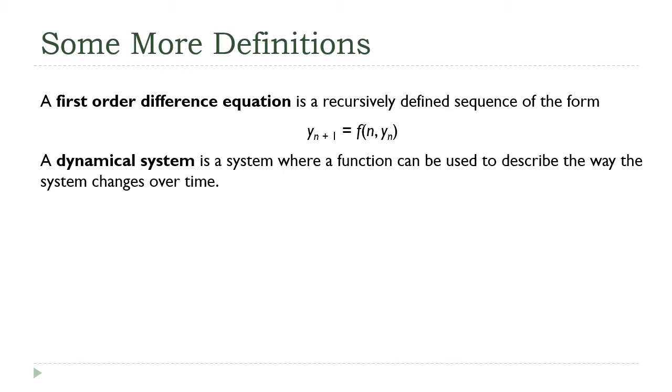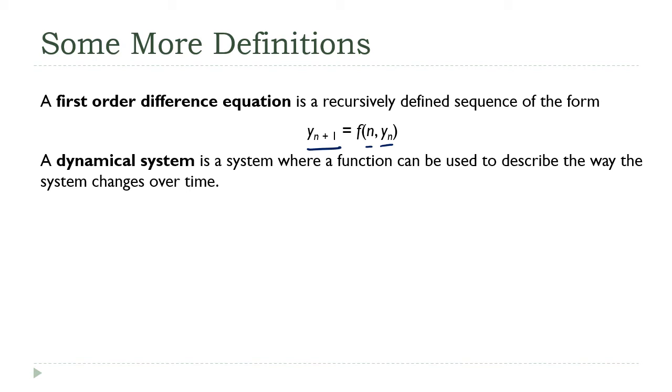Okay, so this discussion leads us to some new definitions. Right? A difference equation is just an equation that tells you the next value of a sequence, right? That's the n plus 1, in terms of the previous value and possibly that value's position in the sequence.